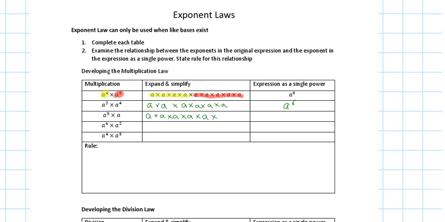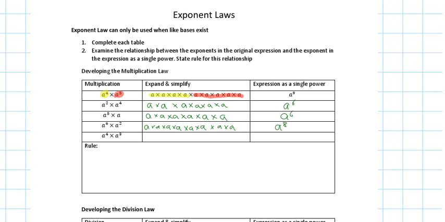Times a, that belongs to the a by itself, so that gives me a to the power of 6. And then I have a to the power of 6 times a to the power of 2, so I have a times a times a times a times a times a, 6, and then I have times a, which is a to the power of 8.